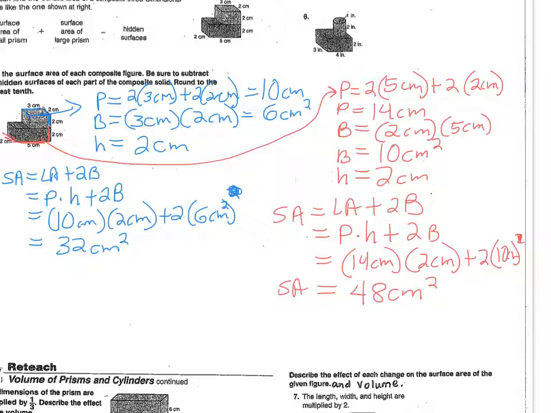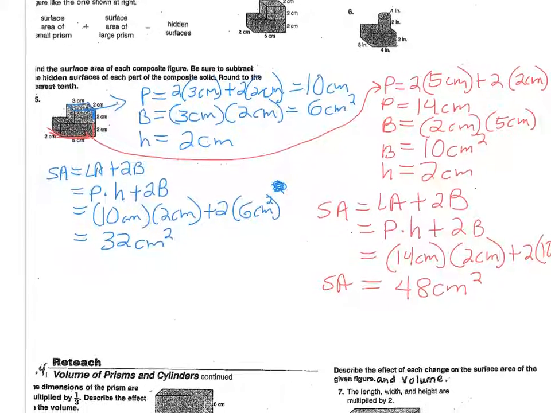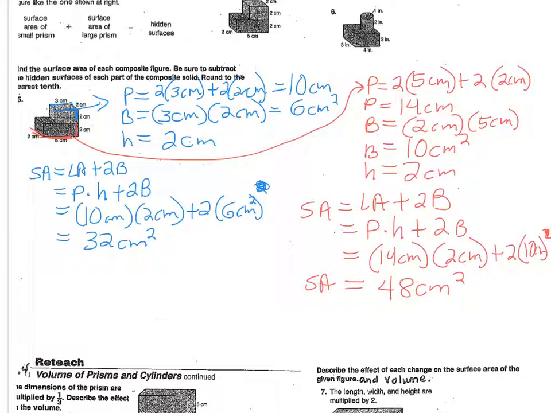So when I substitute those numbers, the surface of the small prism is 32, plus the surface of the large one, which is 48, minus the hidden surfaces, which is 2 of these bases here.